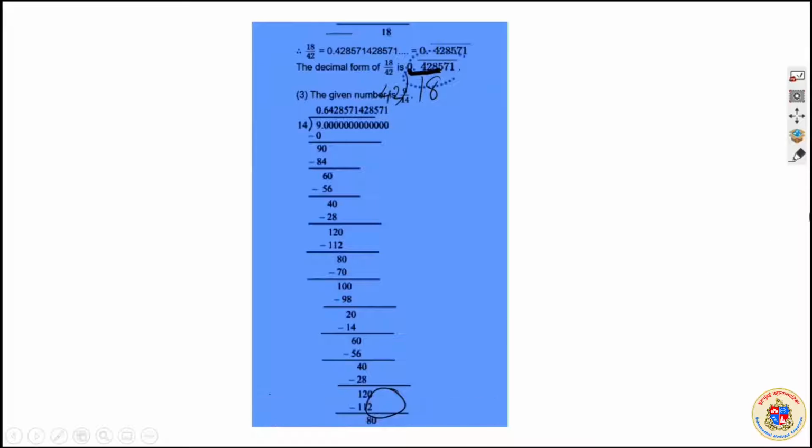Here is another example, 9/14. In the case of 9/14, we can see that the remainder over here is not coming out as in the previous case, neither dividend nor divisor, but there is no zero remainder also, and there is no recurring quotient also here.